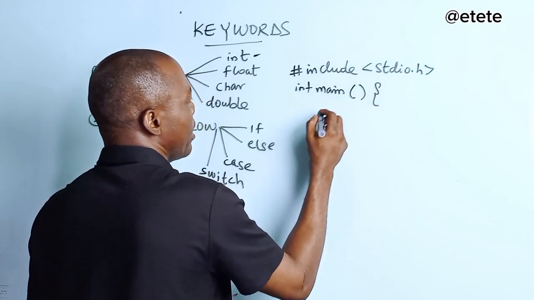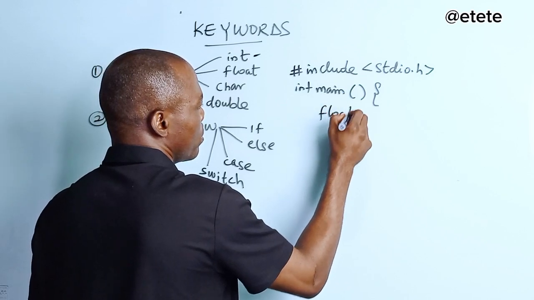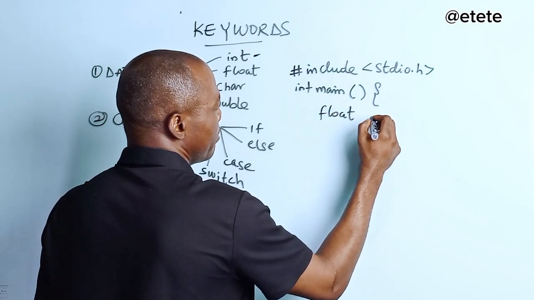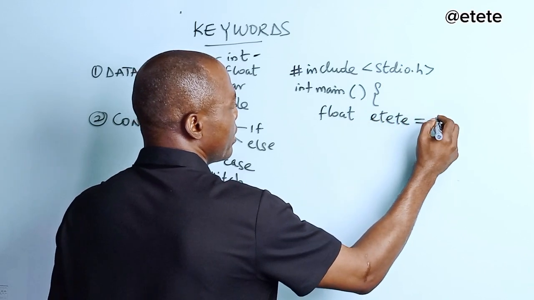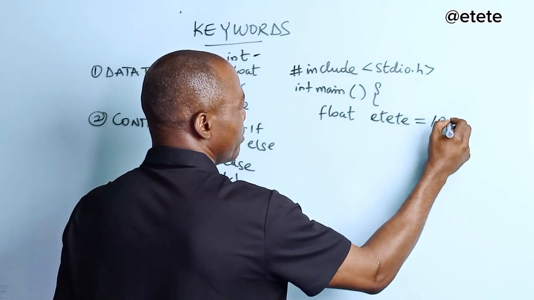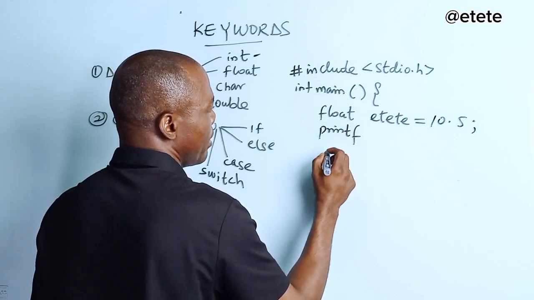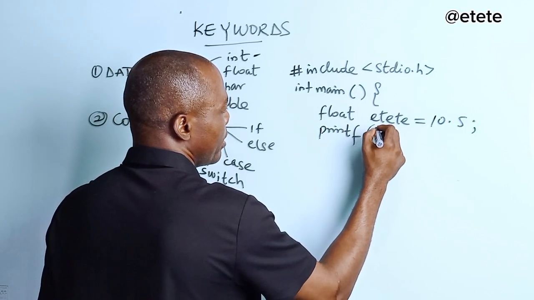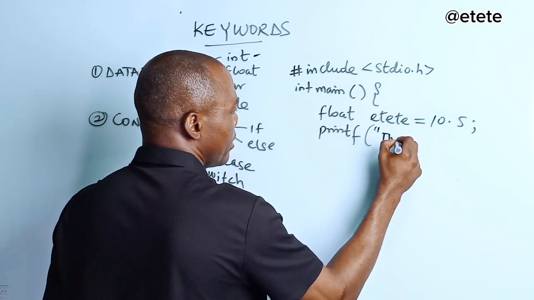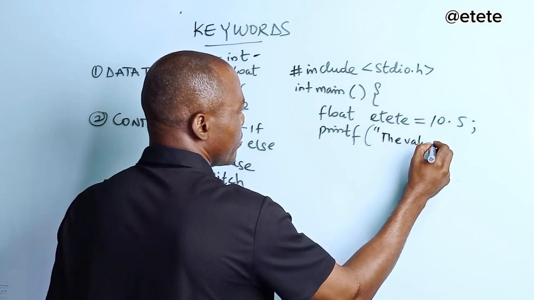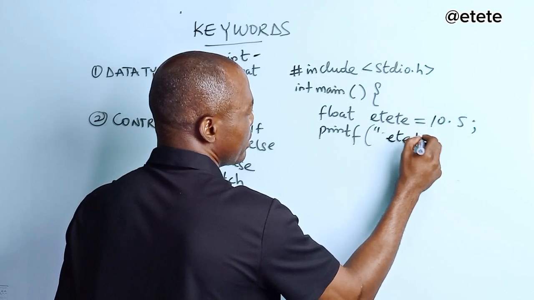and then I put this here, and then I say float, then I give it a name. Let's say I call it a tete, right? And then I assign a value to it, and I say 10.5, my statement. Then I say printf, and here I say the value, or I just come here and I say I want to print it out on the screen.